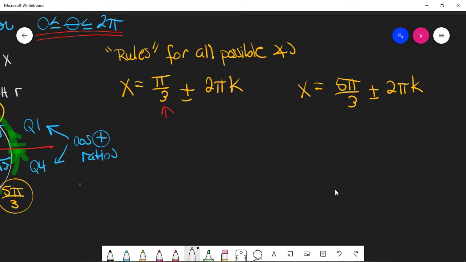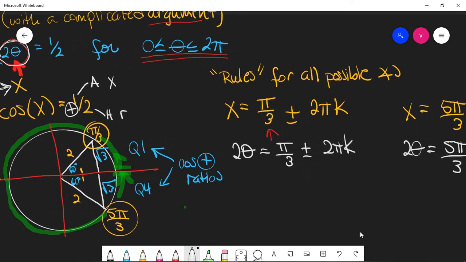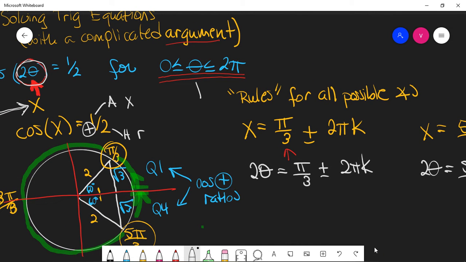So now, after you've written this rule, this is when you come back in, and it wasn't really x, it was 2 theta equals pi over 3 plus or minus 2 pi k. And same here, 2 theta equals 5 pi over 3 plus or minus 2 pi k. All right, so we're actually still looking for theta.